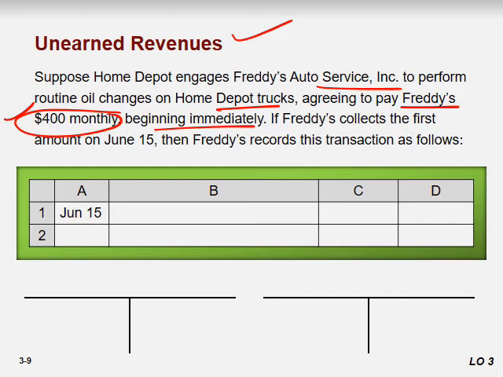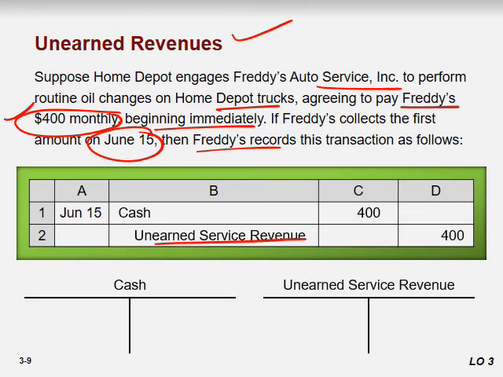So if Friday's collects the first amount on June 15, then Friday's records this transaction as unearned revenue, which is cash to unearned revenue, because they receive cash, asset increase being debit, and unearned service revenue, which is liability increase, credit.